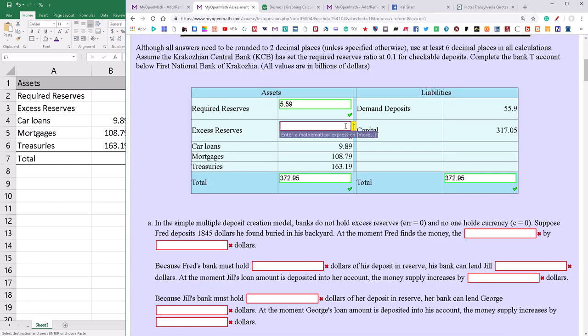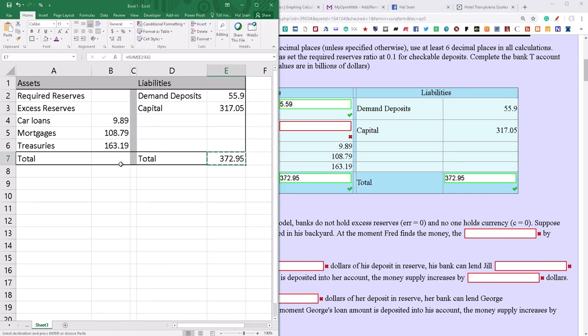And we only have one thing left to do here. Now this plus that plus these three items has to sum up to this, so we can calculate that over here pretty easily. I'm going to type equal that, and I'm going to type equal 0.1 times checkable deposits at the bank.